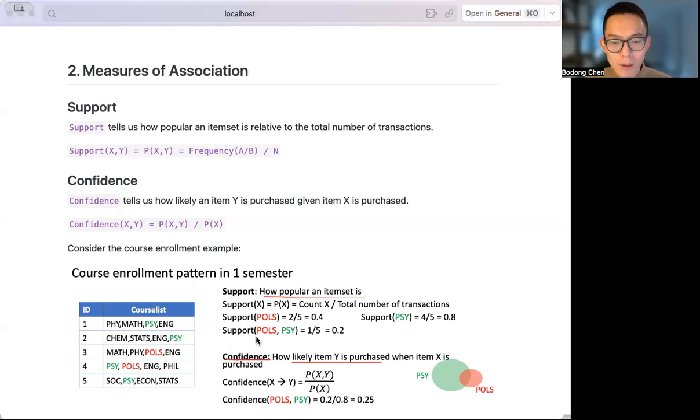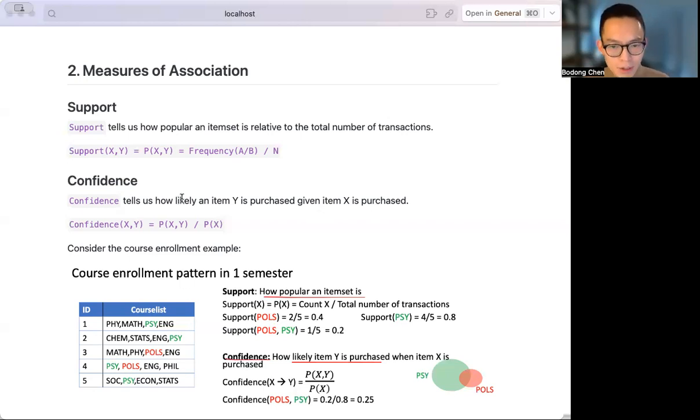The combination of political science and psychology happens only once, in the 4th transaction. So the support for this rule is 1 divided by the total number of transactions, 5. So the support is 0.2. Again, the concept of support describes, given the total number of transactions or cases, how frequently they appear in this data set.